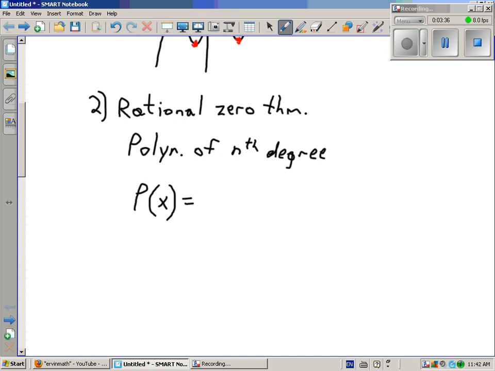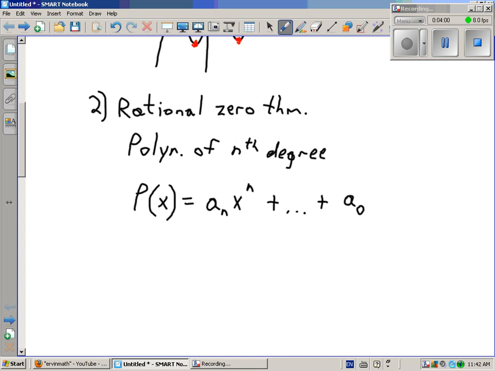And what I'll do is first write the leading term. That's going to be some coefficient a sub n times x to the n power. And then you don't have to, but you could have a whole bunch of other terms. And then at the end, you're going to have a sub 0 for your term where x is to the 0 power.